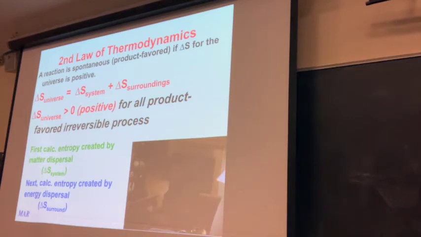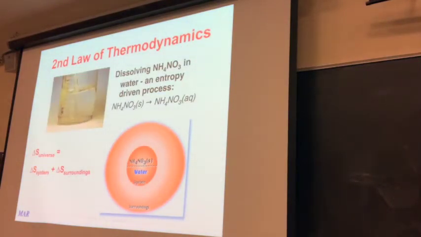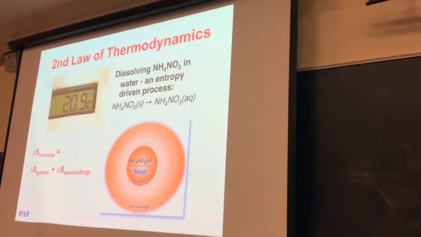When we dissolve ammonium nitrate in water, the dissolution is an endothermic process. The temperature of the solution decreases over the course of the reaction. The reaction, though not favored energetically, is favored by entropy. It is said to be entropy-driven.